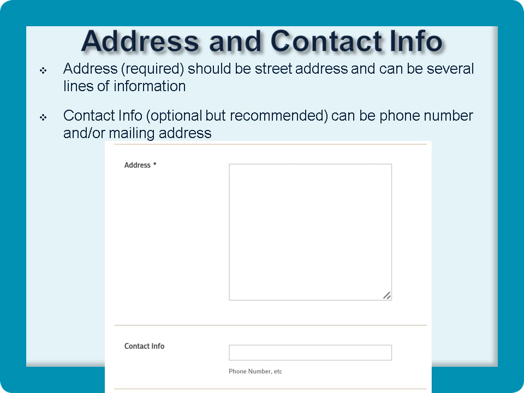The next two text boxes in the form are for the required entry of the venue's street address and optional but recommended entry of contact information. The address can be several lines of information, and the contact information can be the phone number and possibly the mailing address. The contact information box will scroll automatically to allow more text than the width of the box.